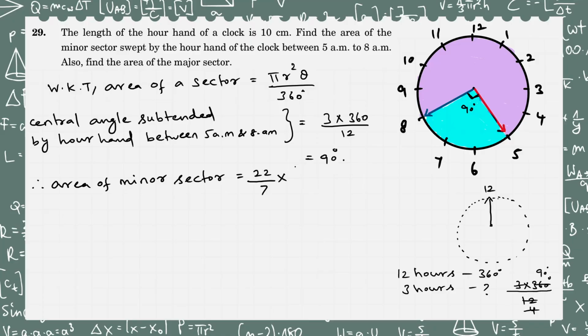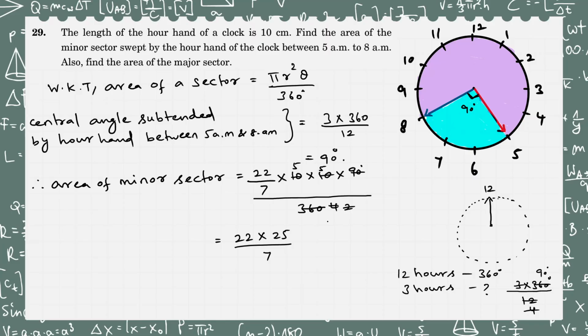22 by 7 into r square, which will be 10 into 10, 10 square. Theta will be 90 degrees divided by 360. This 90 and 360 we can divide: 90 four times 360, right? And 2 times 2 is 5 times... So we have 22 into 5 into 5, 25 divided by 7.